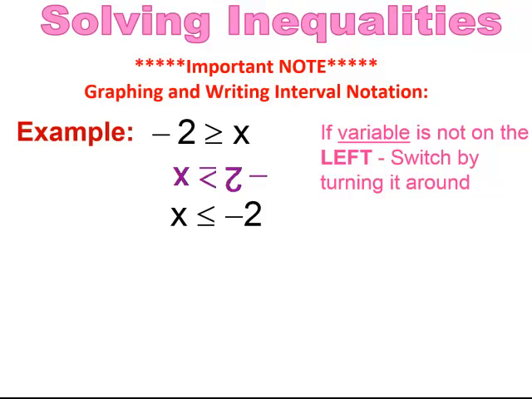So when you have the variable on the right-hand side, when you're talking about graphing, you're going to shade in the opposite direction of the way that the inequality is pointing, or you can switch everything around so the variable's on the left-hand side and the inequality will point in the direction of your shading.